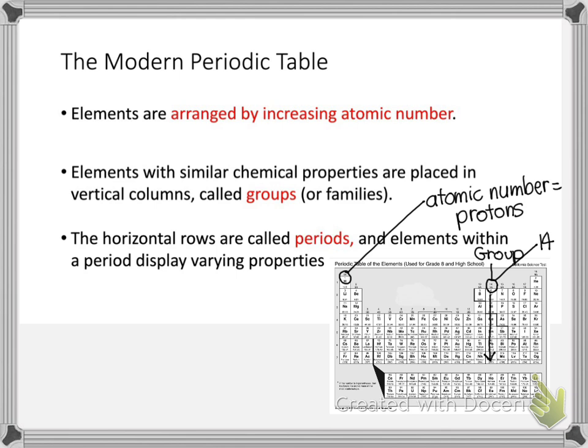Or you'll have a number with a letter. The letter will either be A or B. If it's a tall column, it's all A. If it's the columns in the middle, the letter is B. The one that I've circled is 4A.